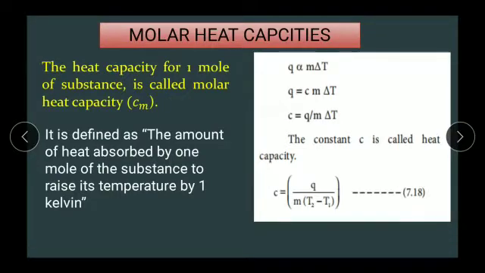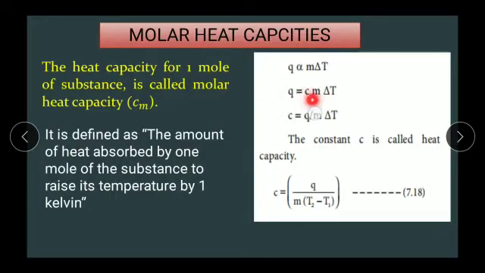That increase in temperature is T2 minus T1, that is ΔT. This Q is directly proportional to m and ΔT. What is m? The mass of the substance. And Q is the amount of heat absorbed.